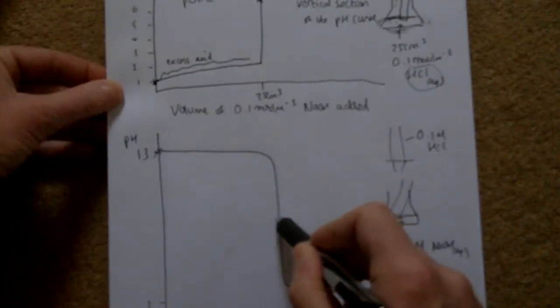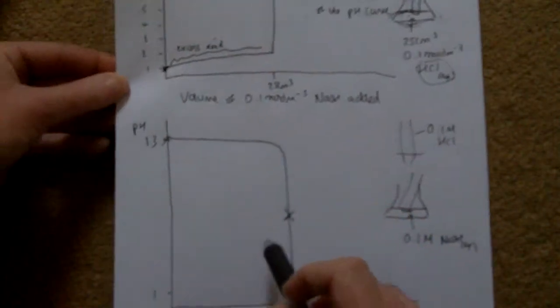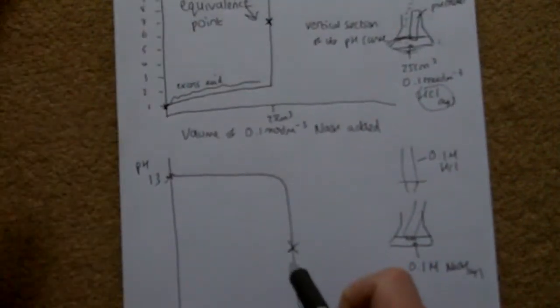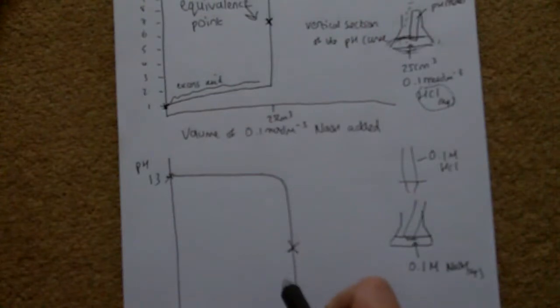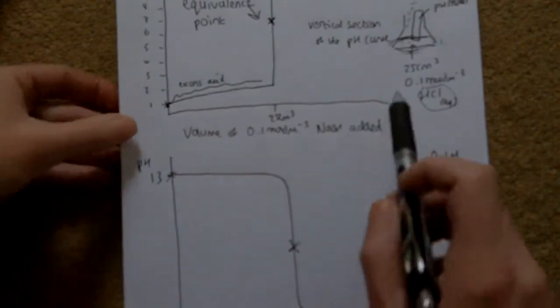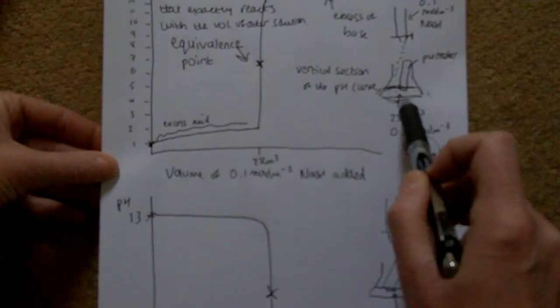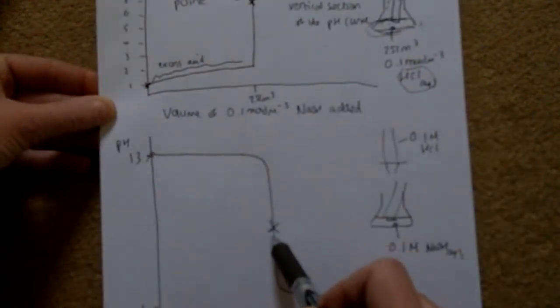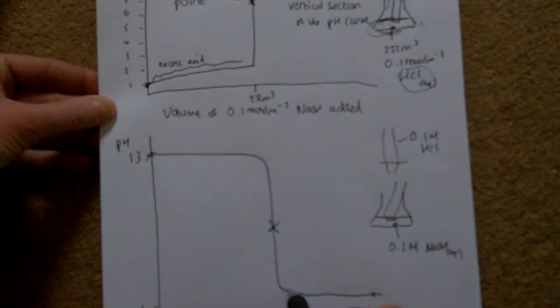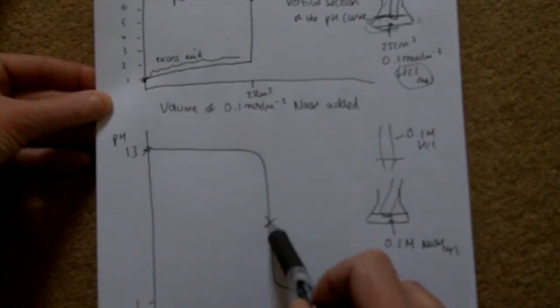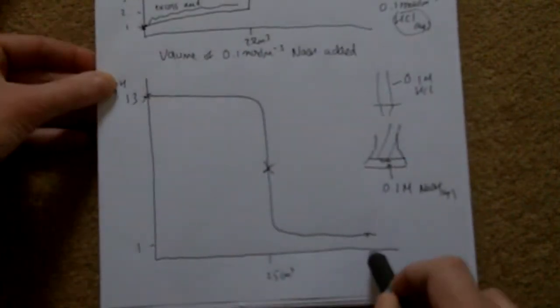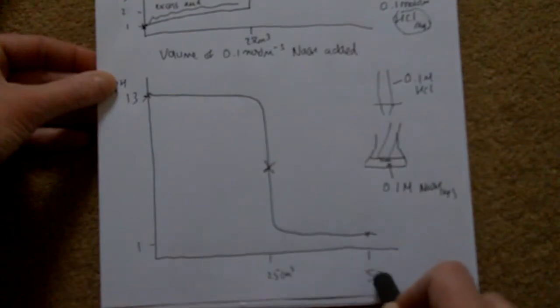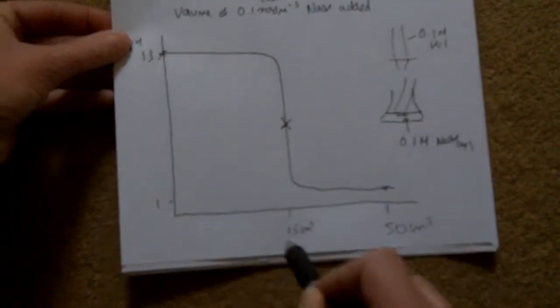And then the midpoint is called the equivalence point. So unlike normal acid-base titrations, you're not using an indicator, you're just monitoring with pH. And we're going way past the neutralization point, adding probably about 50 centimeters cubed of acid.